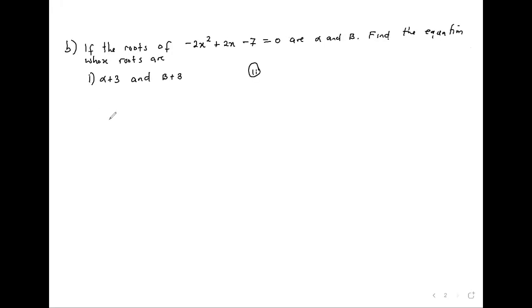Find the equation whose roots are 2 over alpha and 2 over beta. 3. Find the equation whose roots are alpha plus 3 beta and beta plus 3 alpha.